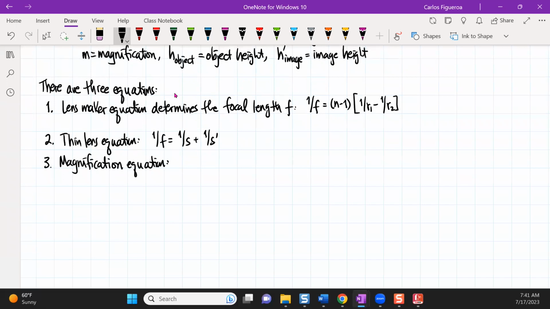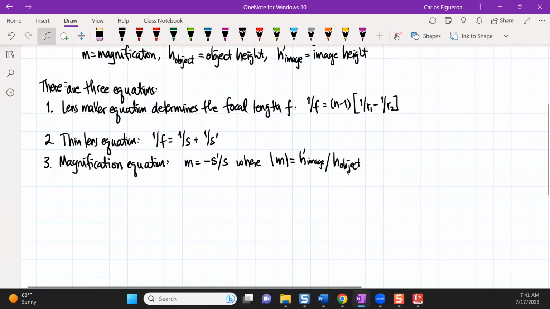The magnification equation reads m equals minus s prime over s, where its magnitude is the height of the image divided by the height of the object. So these three equations give us the mathematical description of these guys.